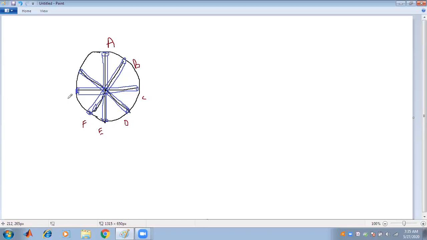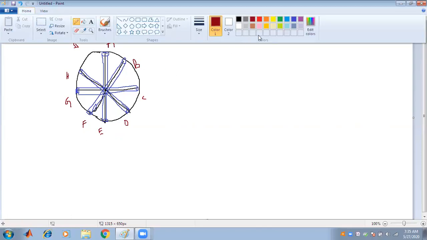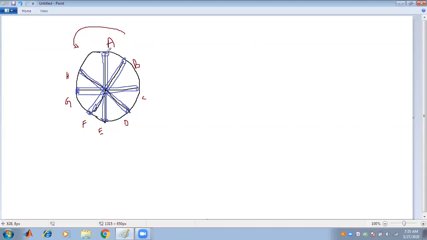This is G. Means the conductor is rotating, and rotating, this is H, rotating in that direction. First position is A, followed by H, then G, then F, then E, then D, then C, then B, and again this is the A position. So I am extrapolating those particular lines.